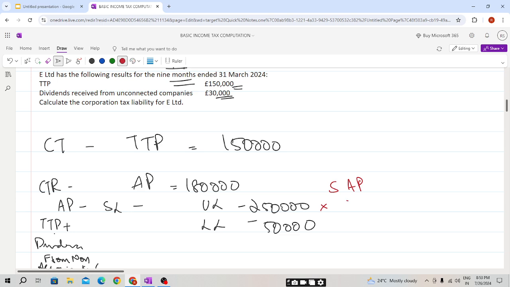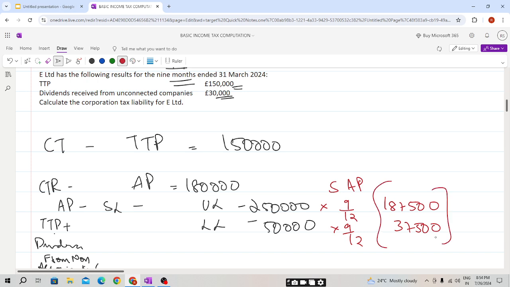So here it is 9 divided by 12. Our limits will be 187,500 pounds, and 50,000 into 9 divided by 12 will be 37,500. So now, students, these limits have been changed.